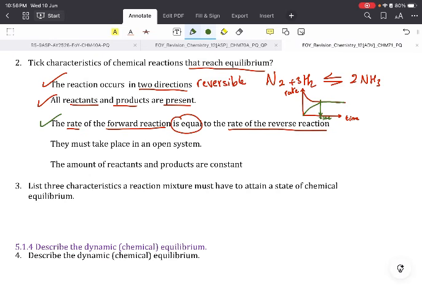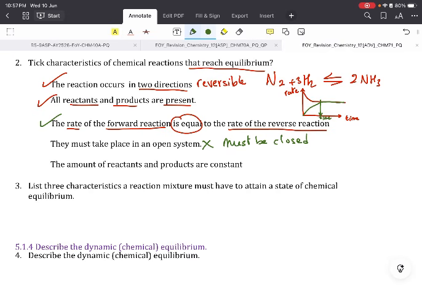Now, this is also a characteristic. They must take place in an open system. That is wrong. For a reaction to reach equilibrium, the system must be closed to keep inside it the reactants and products without losing any of them. And especially if I have a gas, we don't want the gas to escape the system.